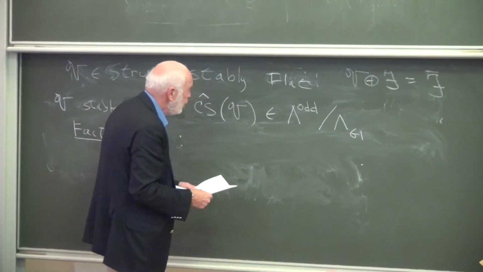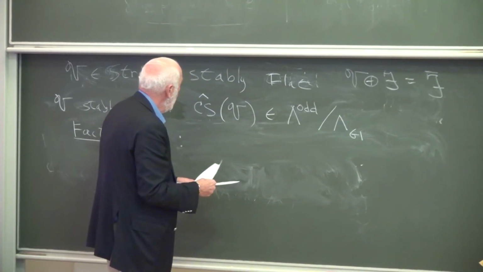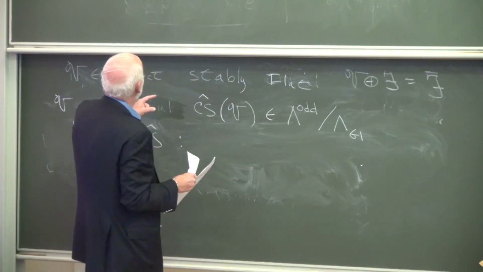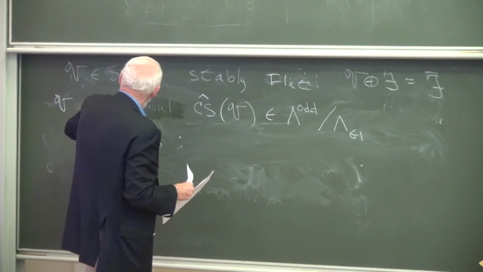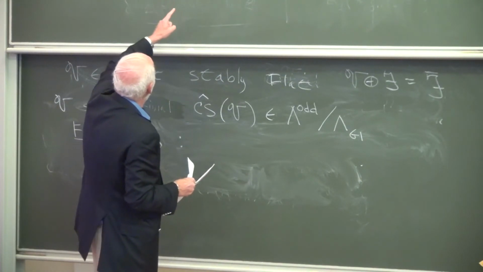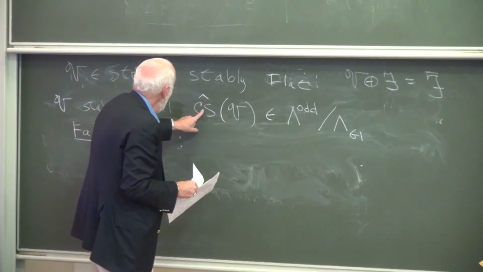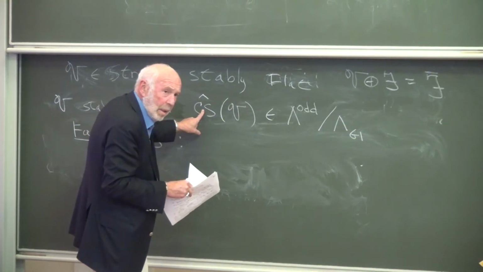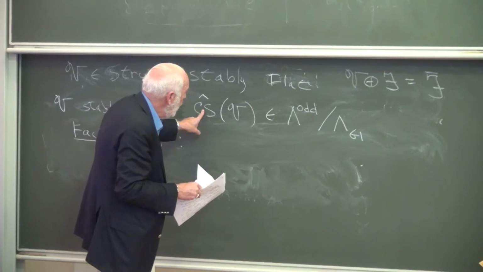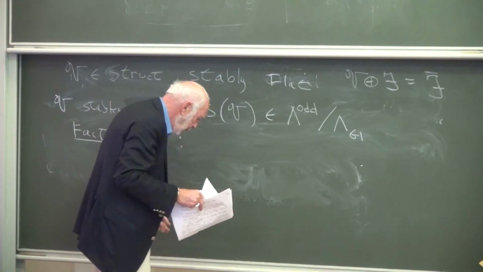So if you have a stably trivial bundle, then you can define this if it's stably trivial. You can define this by itself.